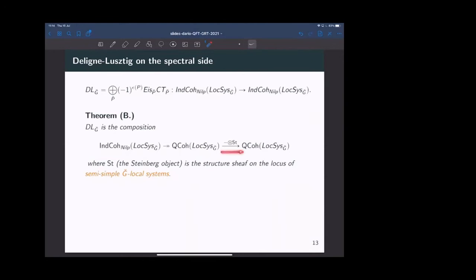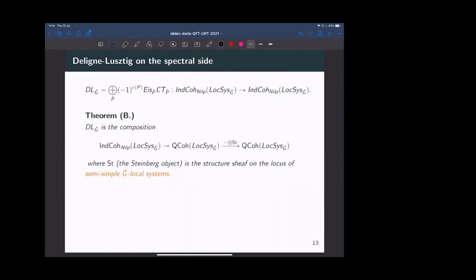Namely, it just tensors with an object which I call the Steinberg object, which is a direct analog of the Steinberg object in representation theory. In this context, it can be interpreted, lying a little bit, as the structure sheaf on the semi-simple locus.